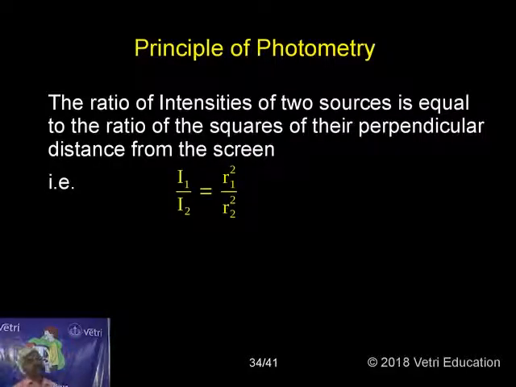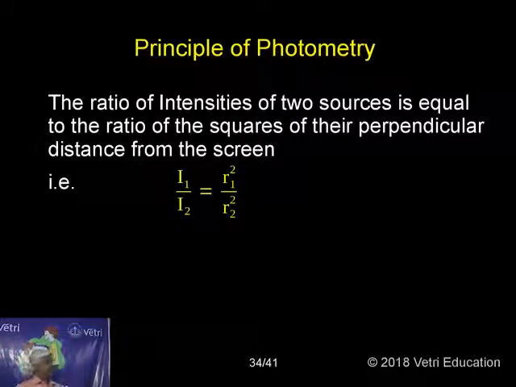What is the principle of photometry? The ratio of intensities of two sources is equal to the ratio of the squares of their perpendicular distances from the screen.